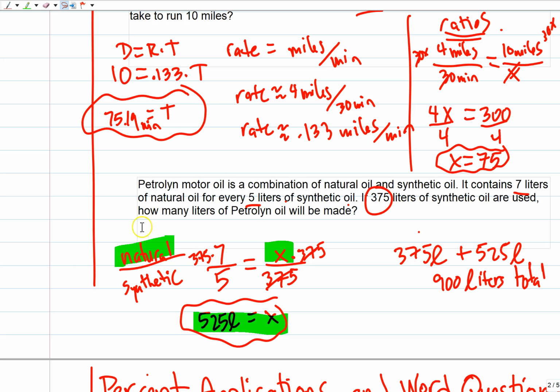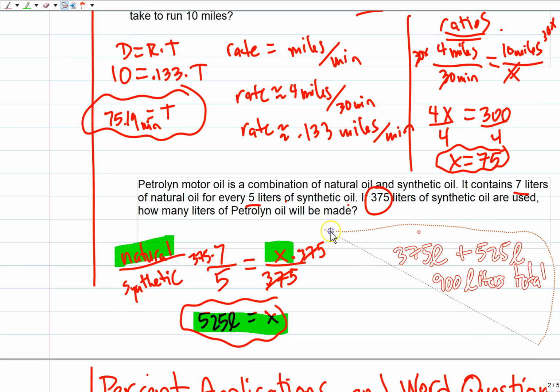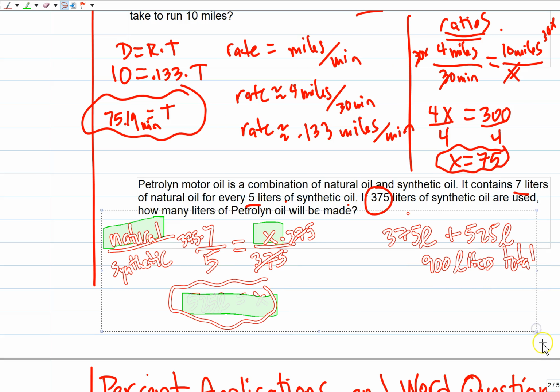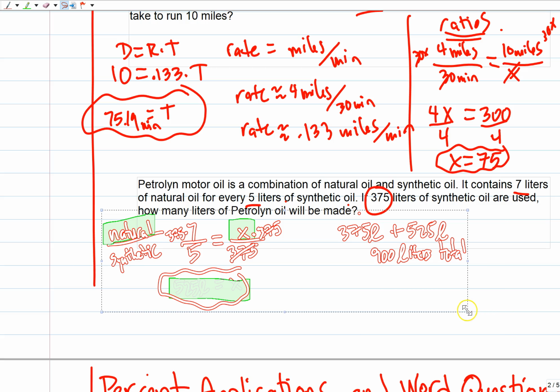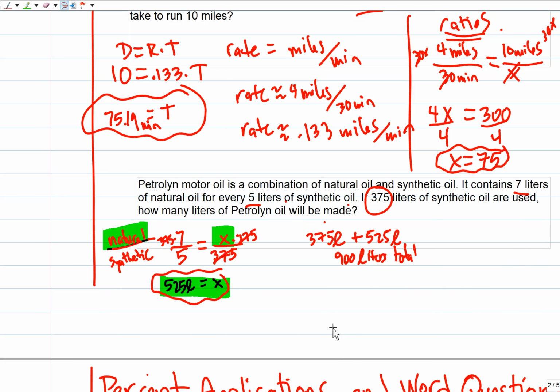The other option for this, because I think the previous way is how most of us would need to do it, is that I could set up my ratios differently. Instead of the natural to the synthetic, I could set it up as total over synthetic. Why?